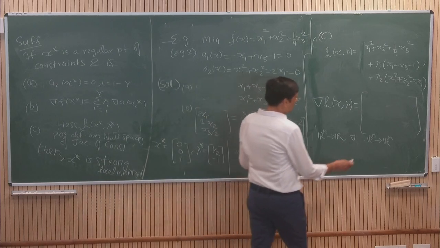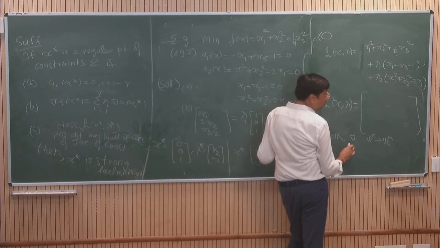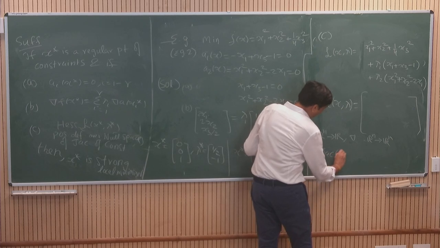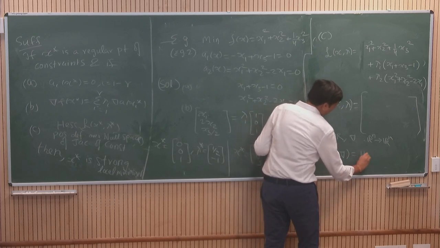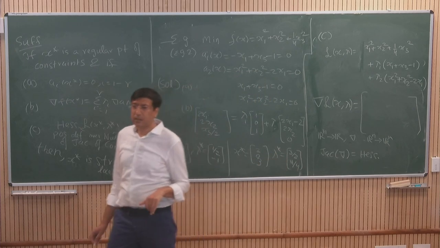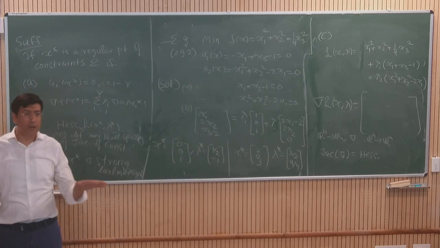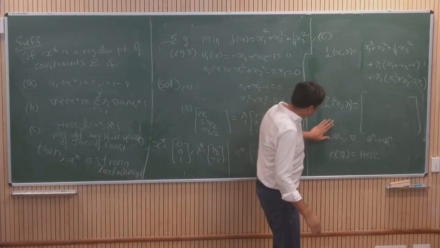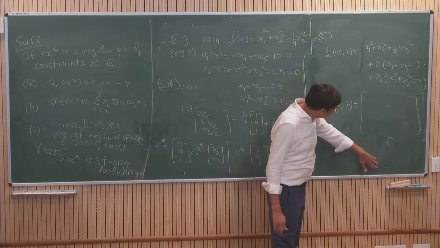So its domain is this, range is this, and now the second derivative of this would be the Jacobian of the gradient, which we call the Hessian. Yes, everybody with me? You would have learnt all this earlier, I assume. I'm just reminding you. So what is the gradient of the Lagrangian?